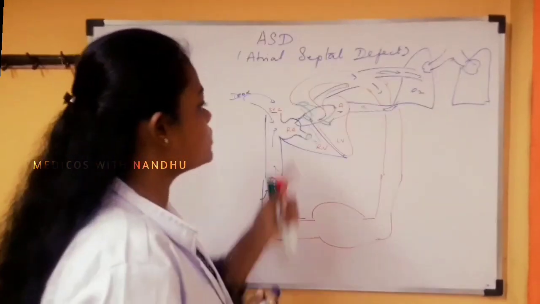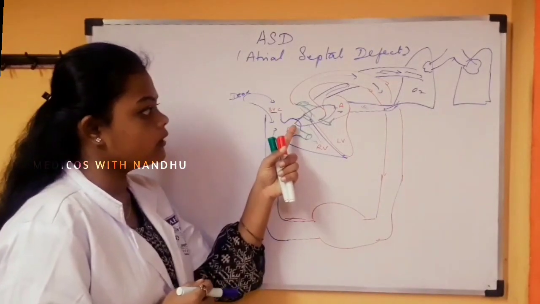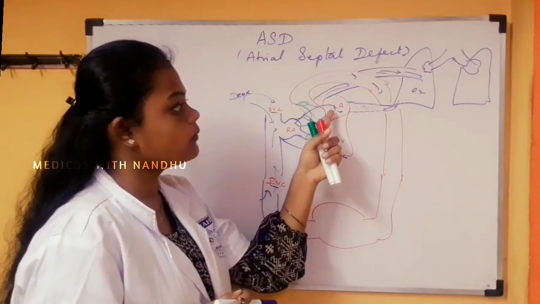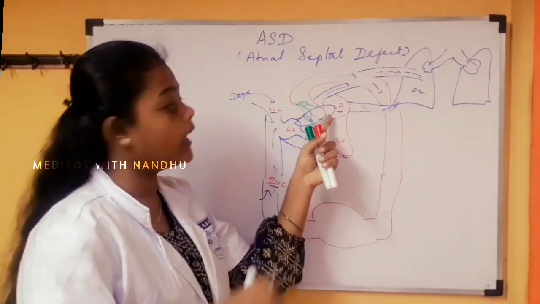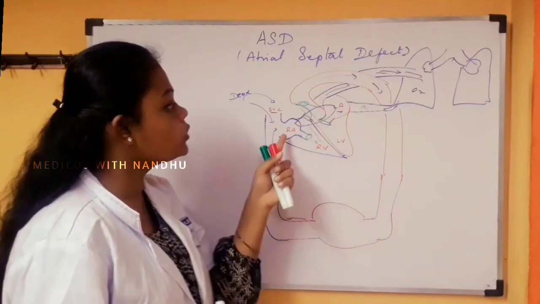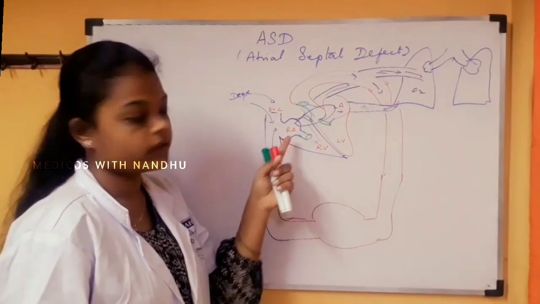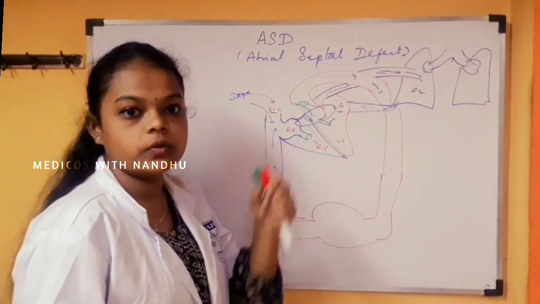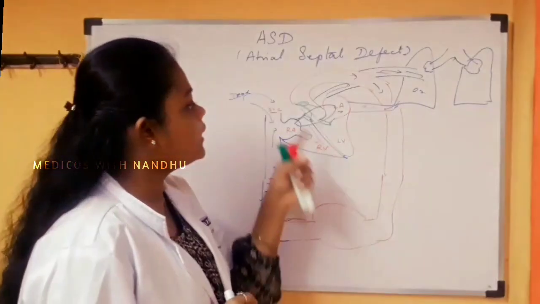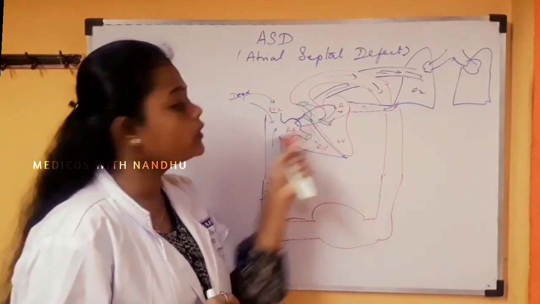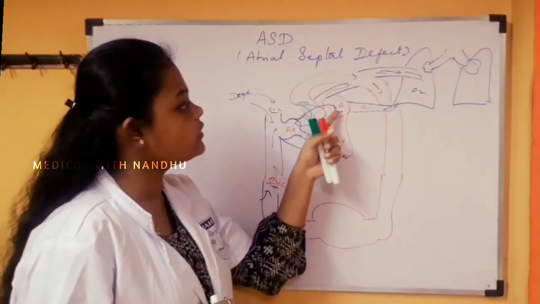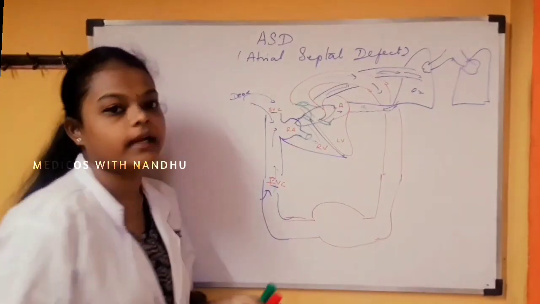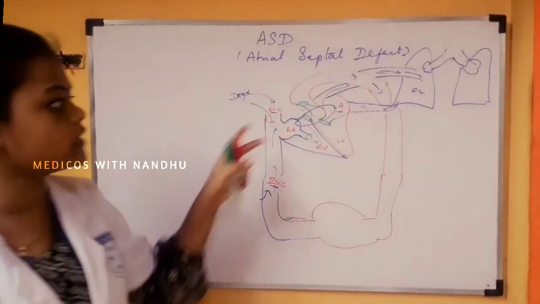Due to this shunt, when the left atrium contracts, the blood moves directly to the right atrium. Normally it should move to the left ventricle, but if the opening is present, the left atrium pushes the blood directly to the right atrium. So this is the shunt.